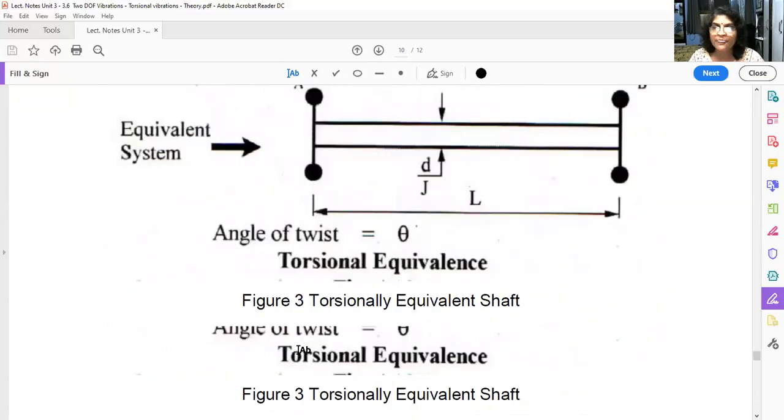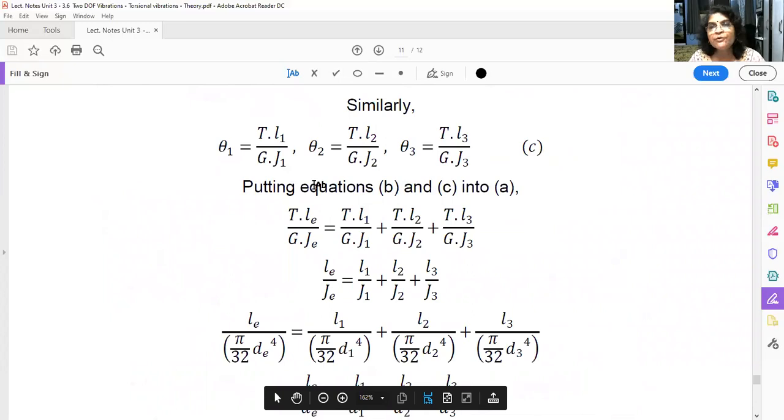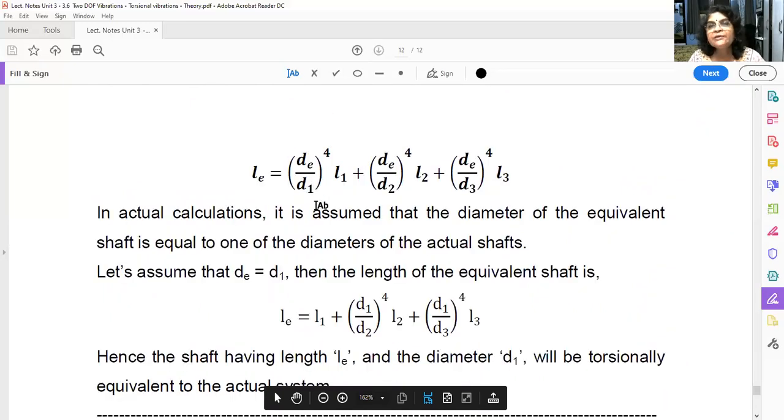In that case, this formula reduces to LE equal to L1, because D1 will cancel out, plus D1 upon D2 raised to 4 into L2 plus D1 upon D3 raised to 4 into L3. Of course, this is a special formula when DE is equal to D1, so don't remember this formula. You remember the original formula.